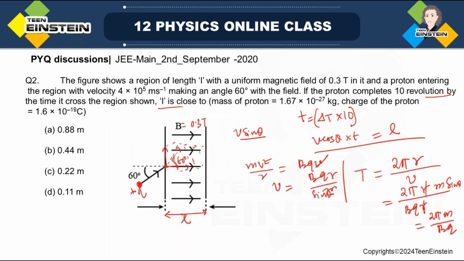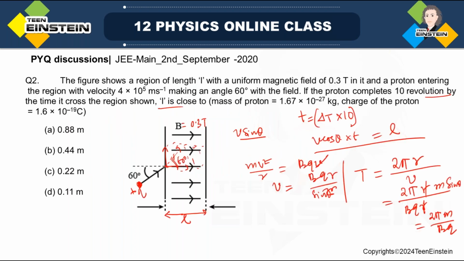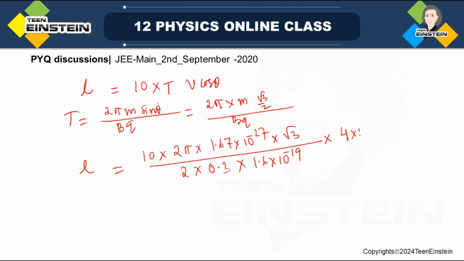Q is actually 1.6 into 10 to the minus 19 coulomb. Okay, so the whole thing is 10 into T. Then V is given 4 into 10 to the power 5 meter per second, and cos theta is again cos 60 degree, that is equal to half.